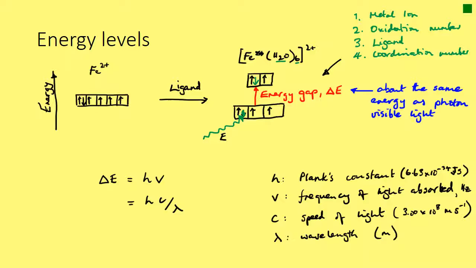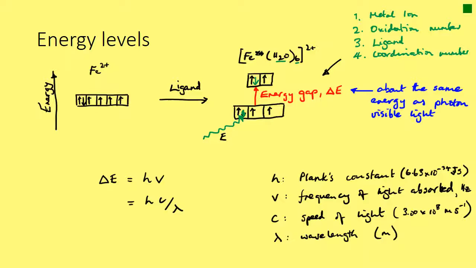And this energy gap depends upon 4 things. One is the actual metal ion itself. In this case we had an iron. It depends on the oxidation number of that ion. In this case we were dealing with a 2+ ion. It also depends upon what ligand is involved.